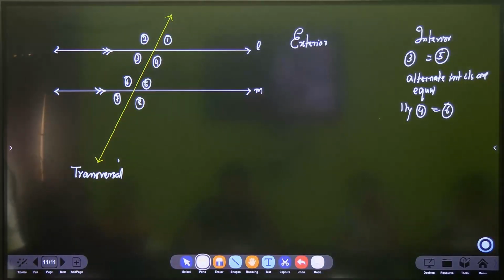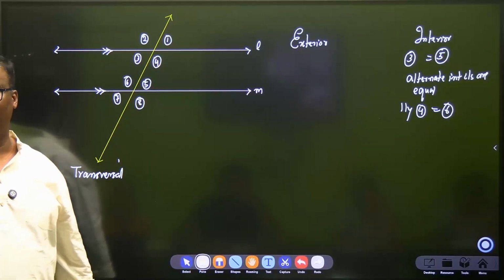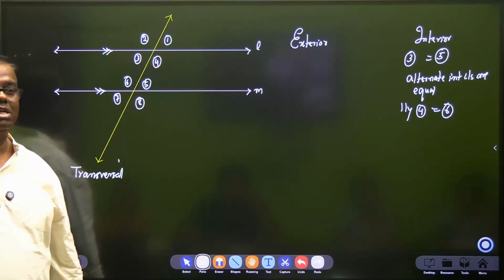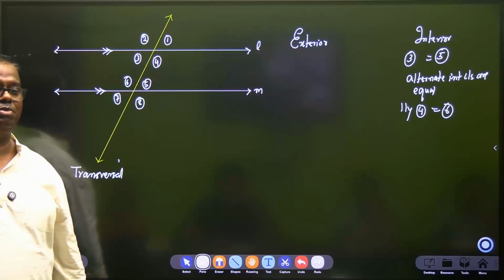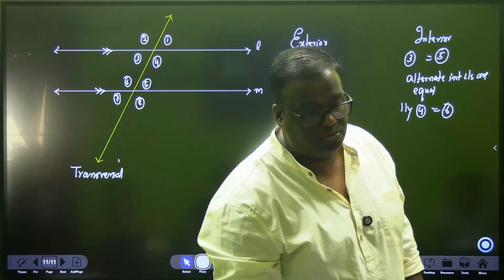Which ones are parallel? L and M are parallel. How do the alternate interior angles become equal? 5 plus 6 is 180. How do you get that these two are equal?